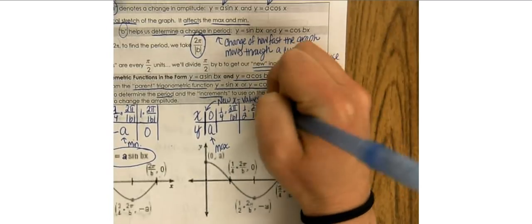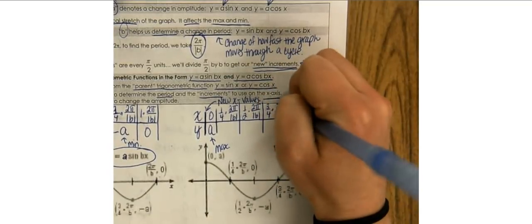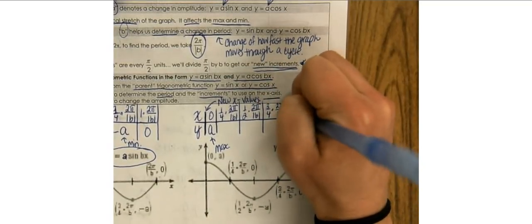So that is 1/4 times 2 pi divided by the absolute value of b, 1/2 times 2 pi divided by the absolute value of b, 3/4 times 2 pi divided by the absolute value of b, and then 1 times 2 pi divided by the absolute value of b.